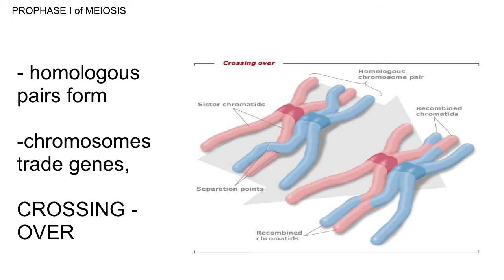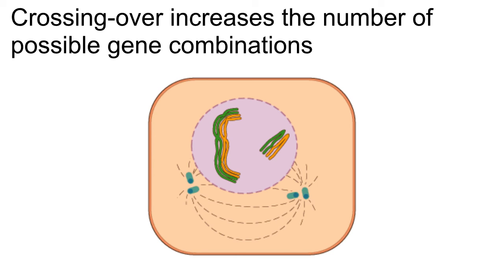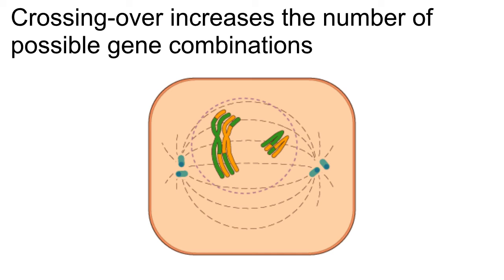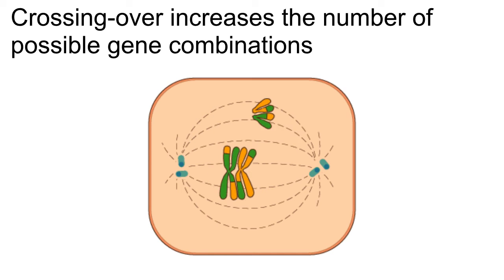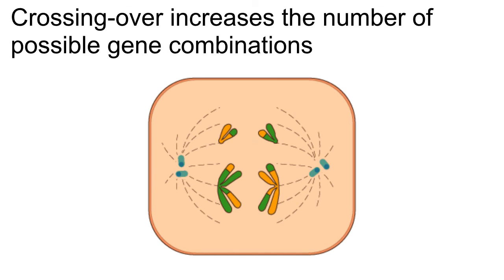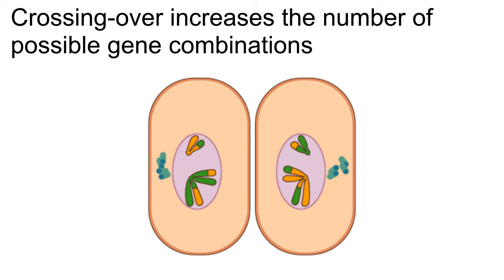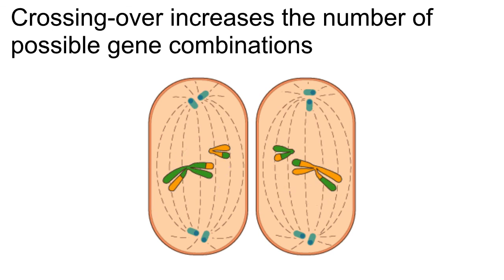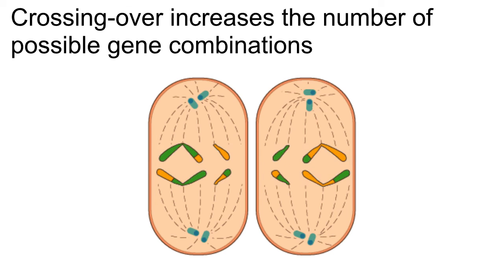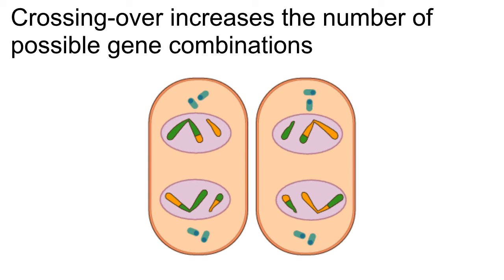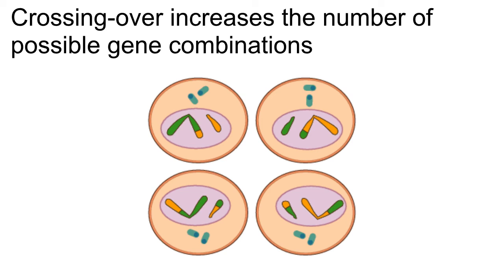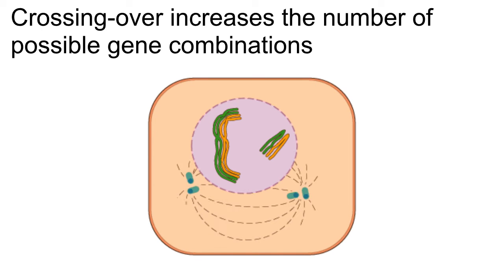And whenever those chromosomes are separated in anaphase, they will go to separate cells, and this will kind of help with genetic variation. So crossing over increases the number of possible gene combinations.